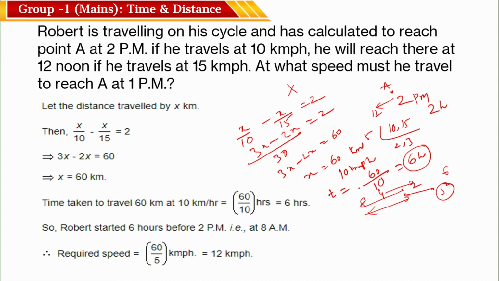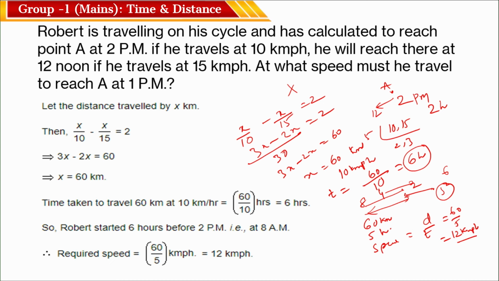The distance is 60 kilometers and time is 5 hours. So, we can say the speed is distance by time, that is 60 by 5, which is 12 kilometers per hour.